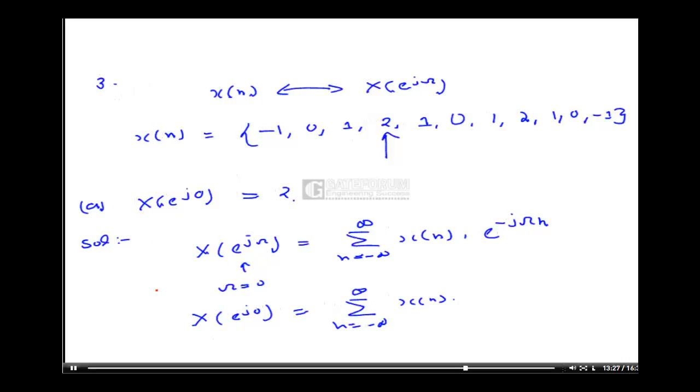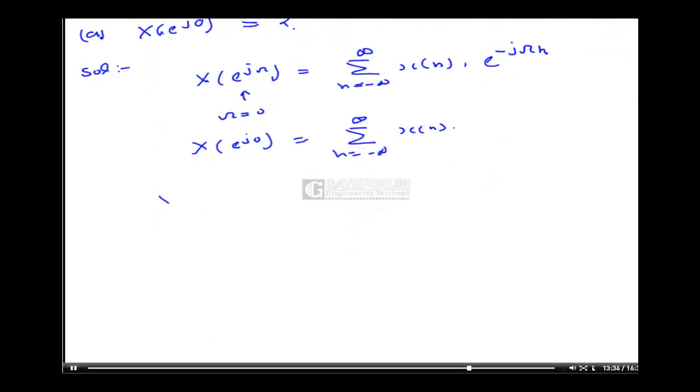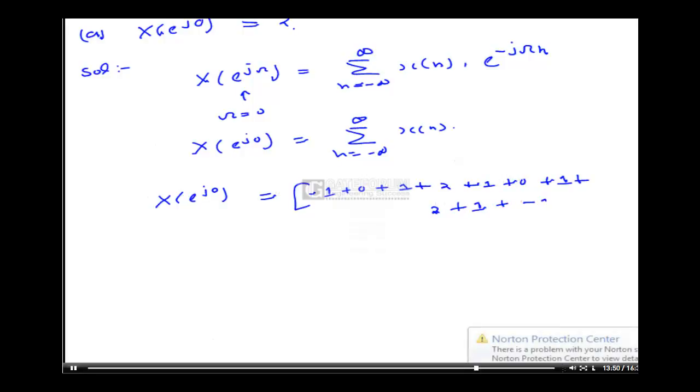Thus X of e to the power j0 is the summation of all the points: minus 1 plus 0 plus 1 plus 2 plus 1 plus 0 plus 1 plus 2 plus 1 plus minus 1. Okay, the sum of these points is equal to 7. Thus 7 is the answer.